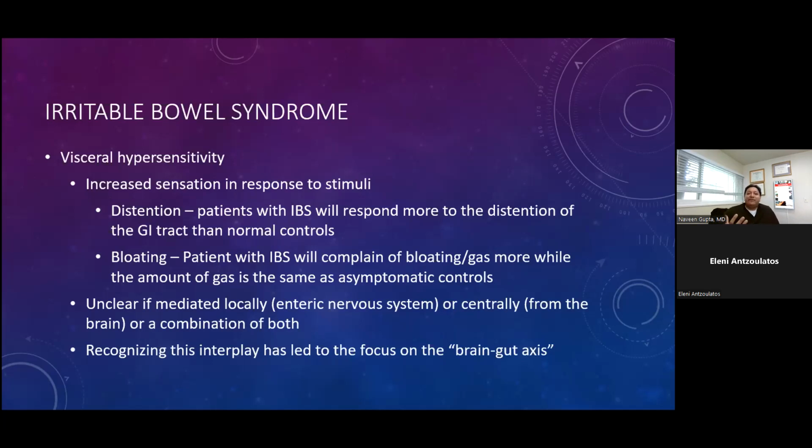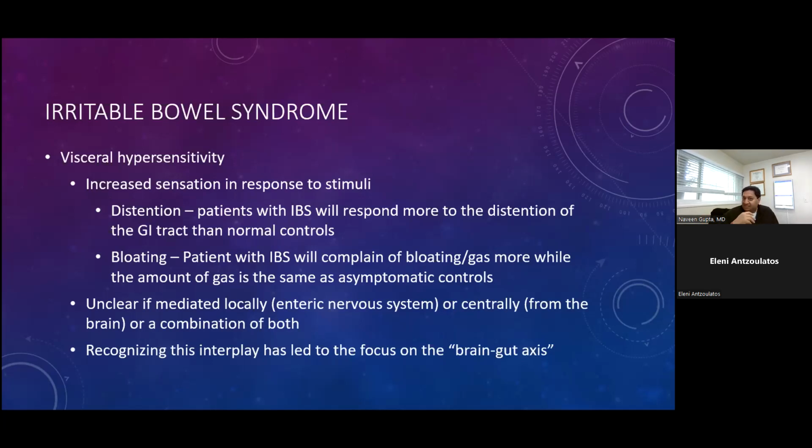They've taken these big balloons and put the balloons in all parts of their GI tract, the small bowel, the stomach, the esophagus, the colon, and they distend the balloon with a set amount of gas and pressure. And they found that when you take the same amount of distension in the normal individual and in the patient with irritable bowel syndrome, the irritable bowel syndrome patient will respond to that distension far greater than the normal individual.